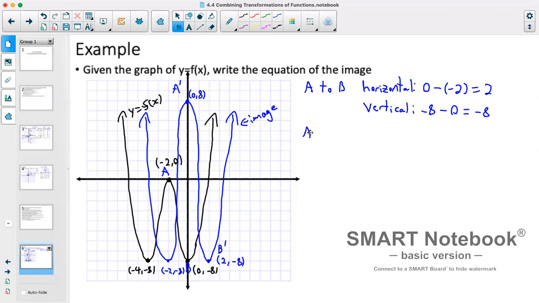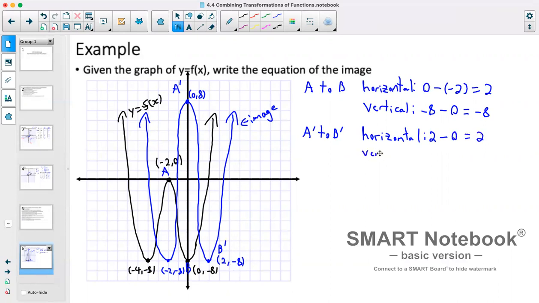Now we'll do the same thing for the corresponding distances on our new graph. Okay, so B prime, our x value is 2. And then we'll subtract our x value from A prime, so that would be 0. So that would just give us 2.